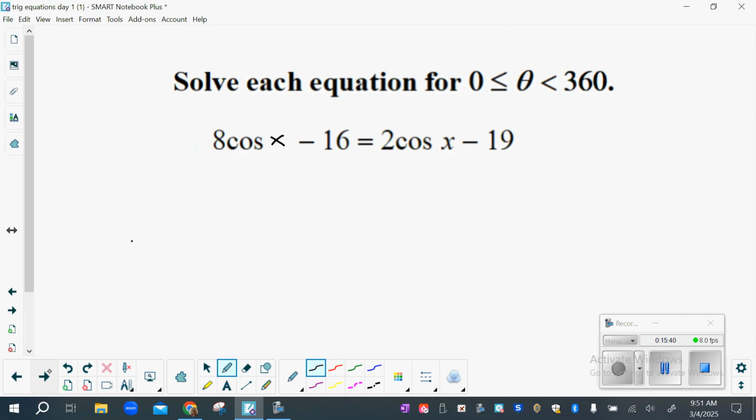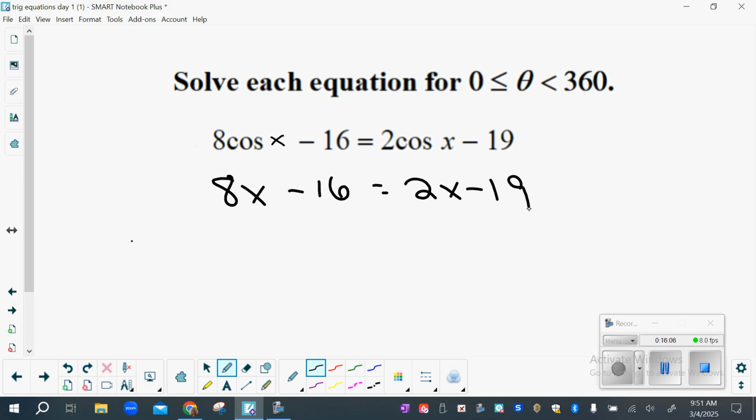Before you dive into this problem, I want to show you something. Imagine this problem looked like this: 8x minus 16 equals 2x minus 19. That would not scare you. You would get all your x's on one side and move the numbers over.